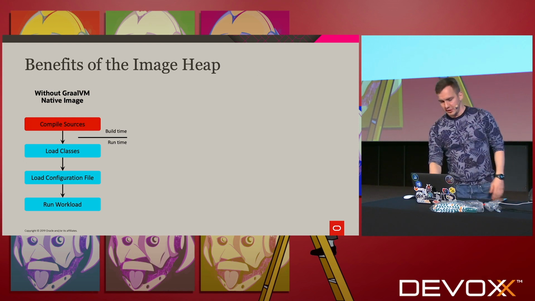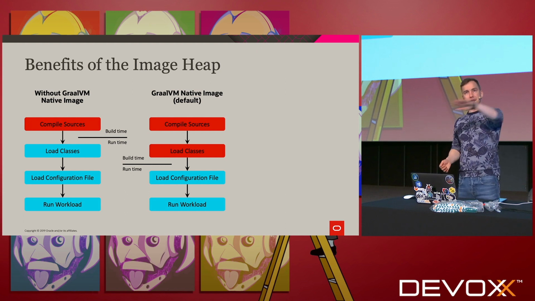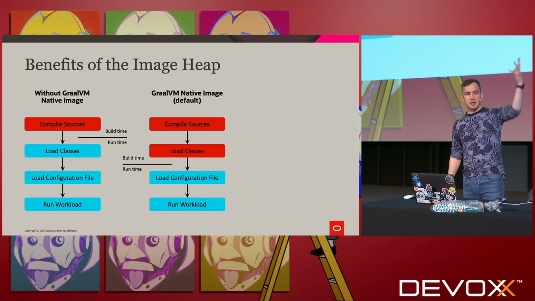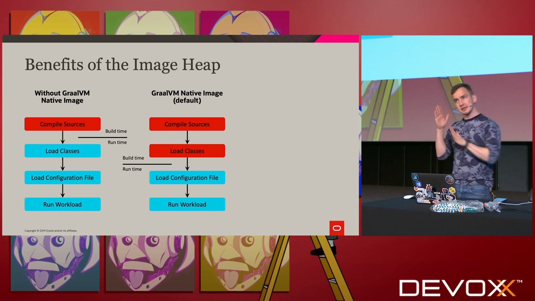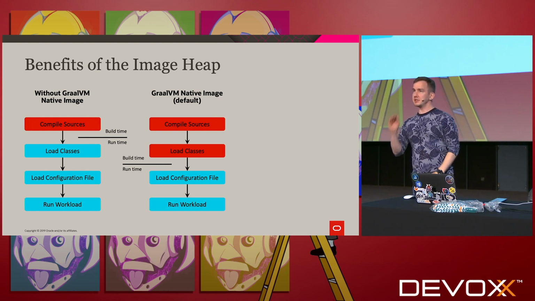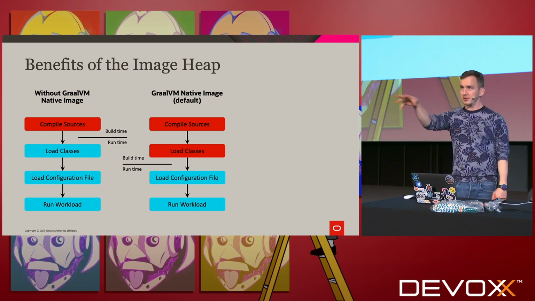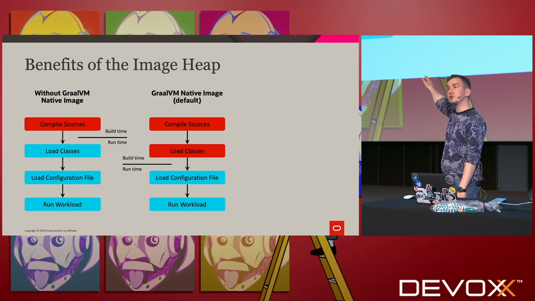With the native image, you can move that border between the build time, the native image generation time, and the runtime to a different level. So for example, you can load the classes and store the classes. And since we know that there will be no other classes, because of the closed world assumption, we can safely do that. So you don't have to do that at runtime.